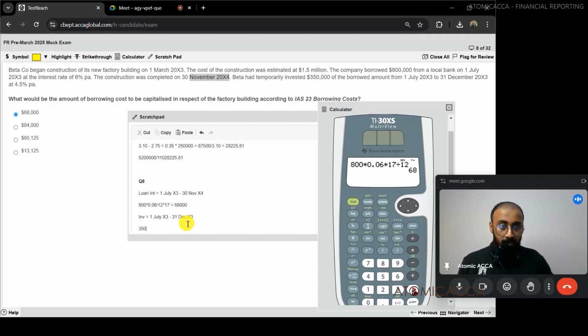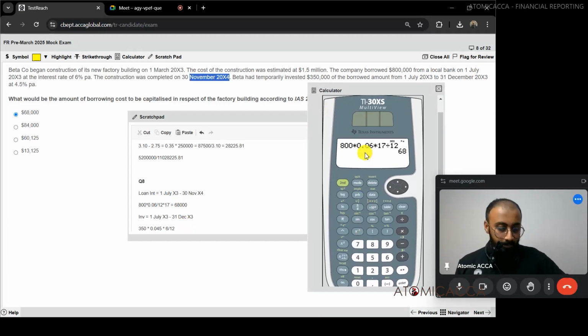So the amount is 350,000 multiplied by 0.045, that's 4.5%, multiplied by 6 months over 12 months, which is equal to 7,875. So if I minus 7,875 from 68,000, it will be 60,000 something.